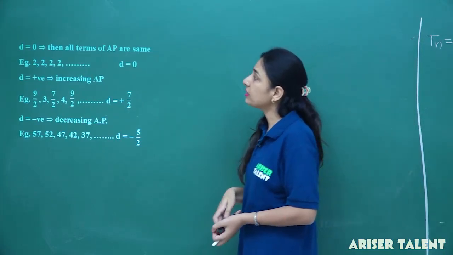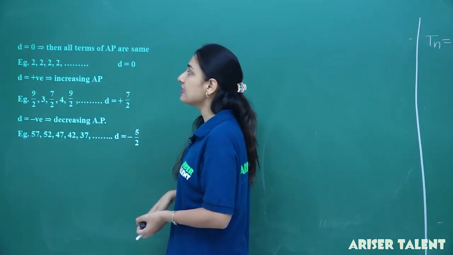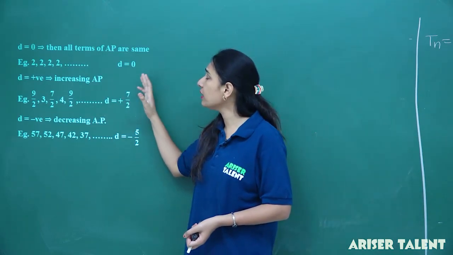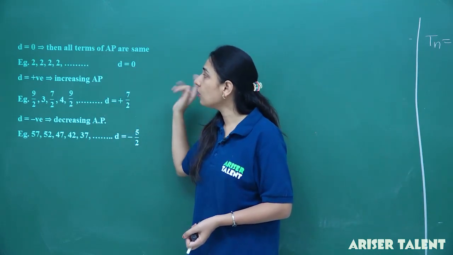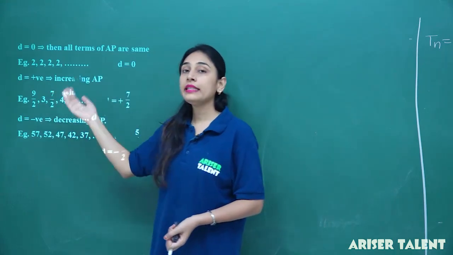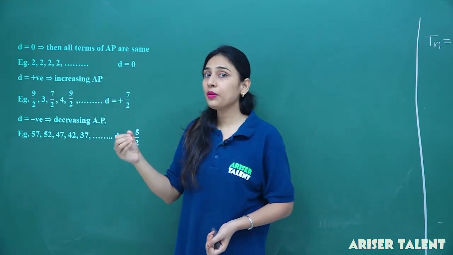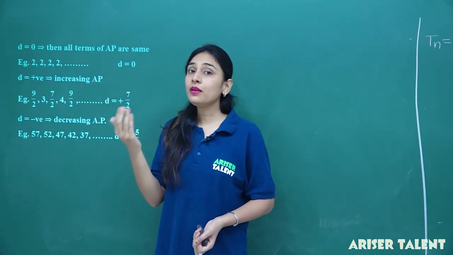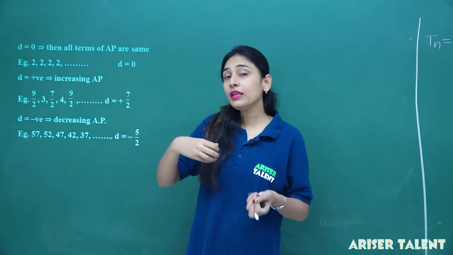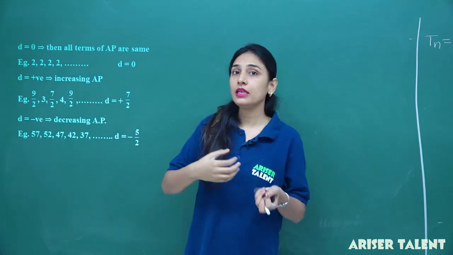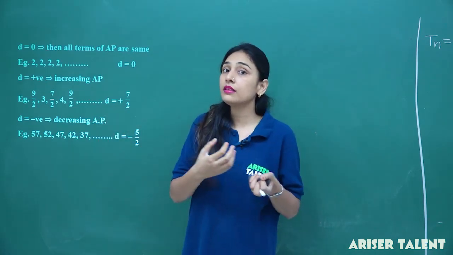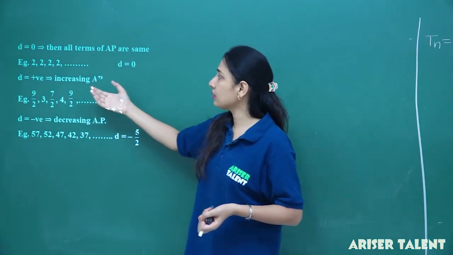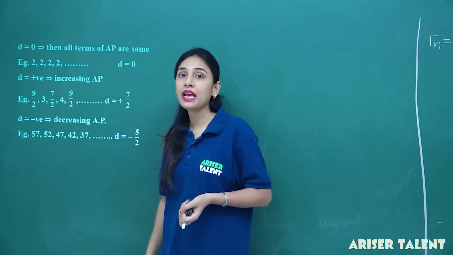So if the difference is 0, then all the terms of the AP are the same, like 2, 2, 2, 2. I have told you that d here can be 0. Now if d is positive, the AP is increasing, meaning the second term will be greater than the first, the third greater than the second, and so on.